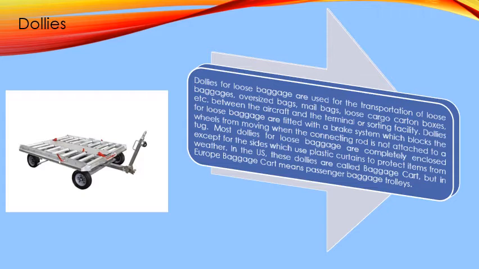It has a brake system in order to control it. It has the rod which gives the direction. You can see the rod here, and it is completely weatherproof. It is used in US airlines, but in Europe it is called a passenger baggage trolley, in their terms. So this is the dolly.